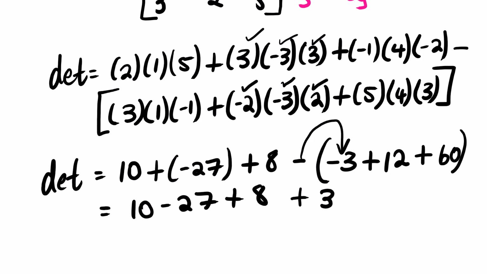Actually, before I remove the bracket, let me simplify inside the brackets. So we have negative 3 plus 12 plus 60, we have positive 69.